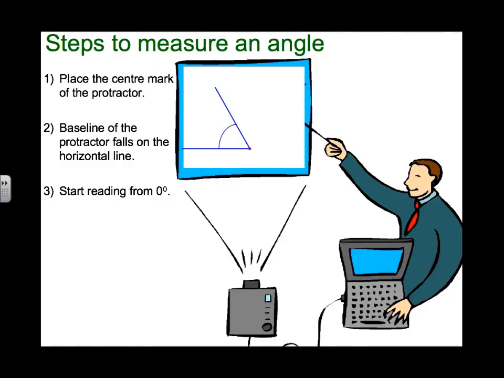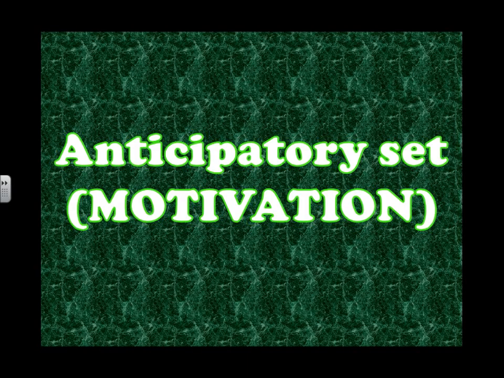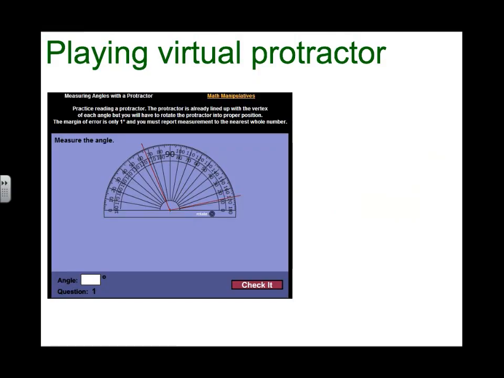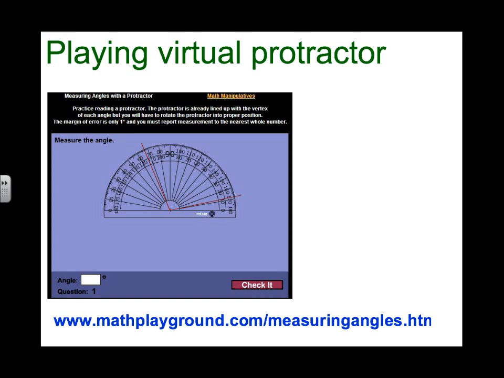For the pre-assessment, the teacher will review the steps to measure an angle using a protractor. First, the teacher demonstrates how to play the virtual protractor on the given website, and then directs students to play the games.